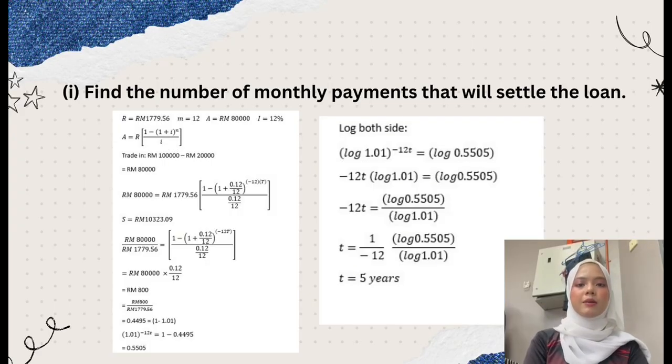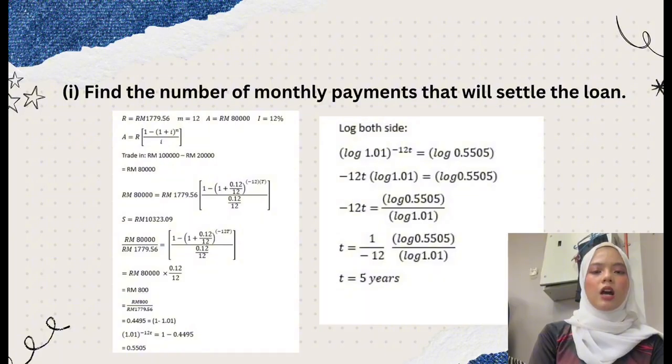First, we are given the monthly repayment of RM1,779.56, an annual interest rate of 12%, and monthly payments. After deducting the trade-in value of RM20,000 from the original price of RM100,000, the total loan amount becomes RM80,000.